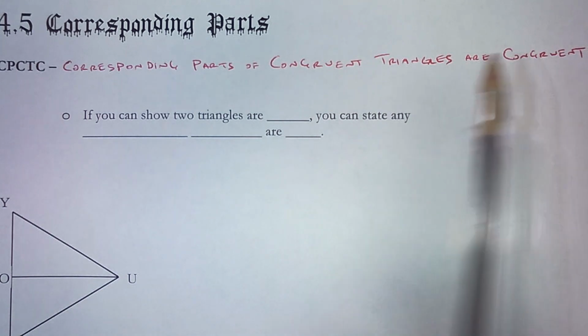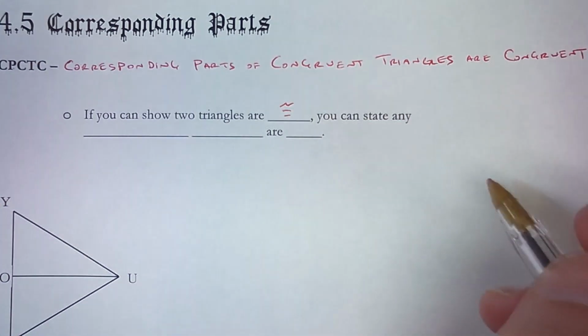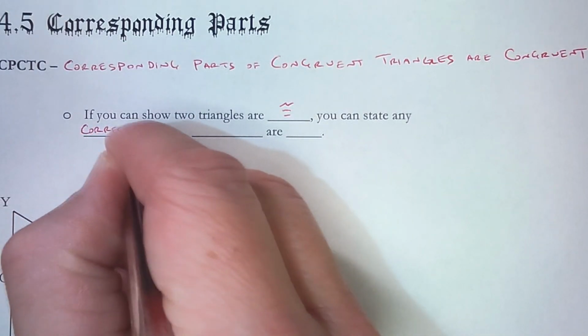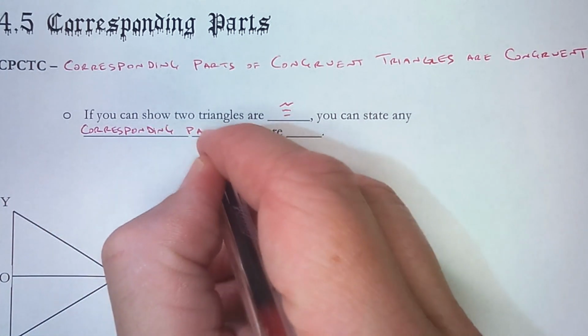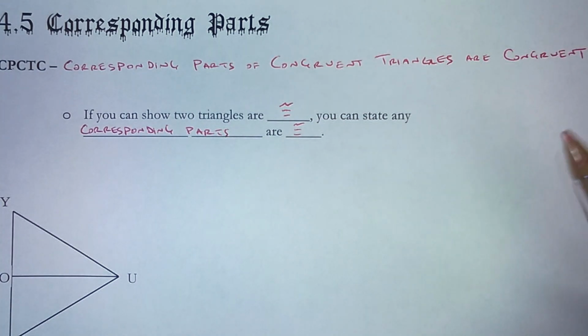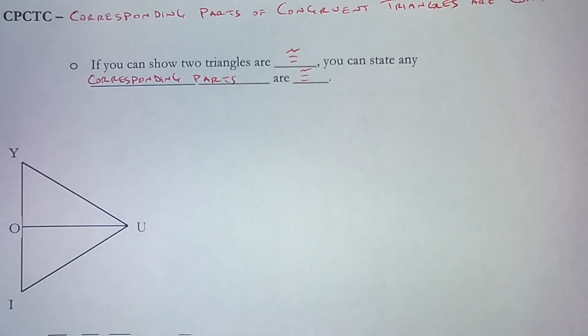So if we can show two triangles are congruent, then we can state that any corresponding parts are also congruent. If we can just show that these two triangles are congruent, then we can make the statement that any corresponding parts within them are congruent.